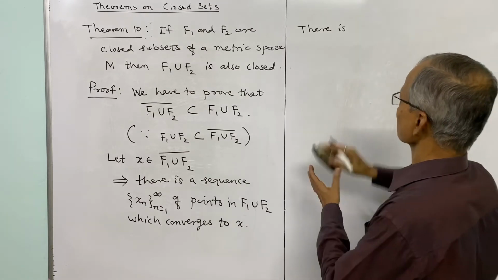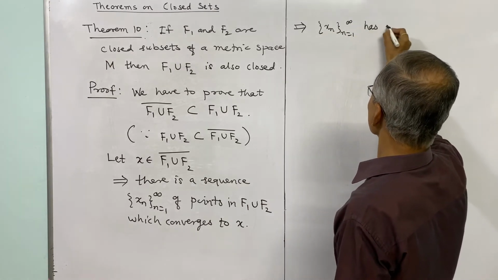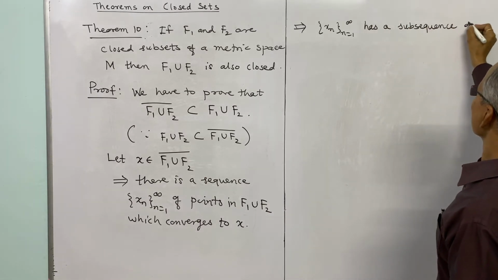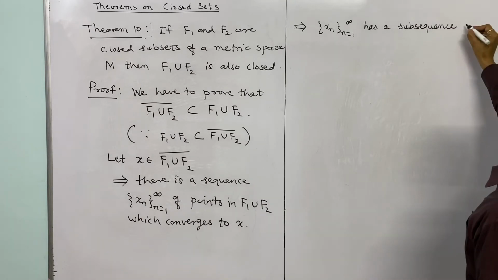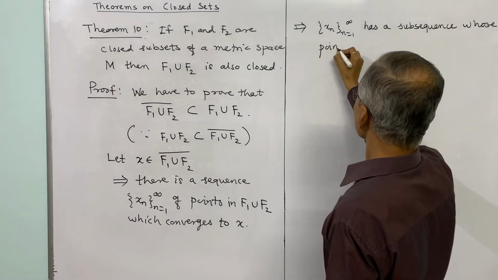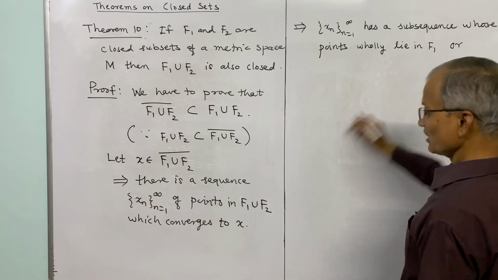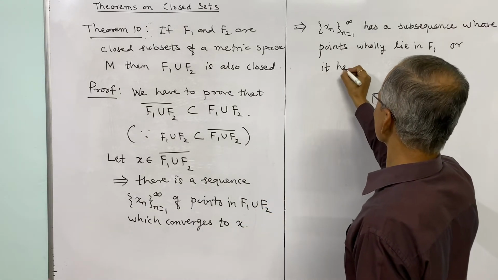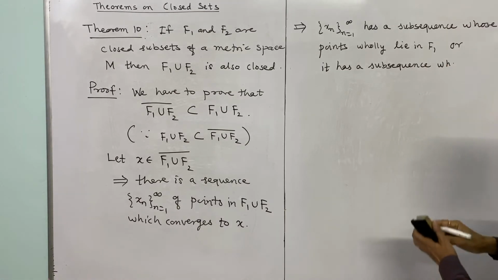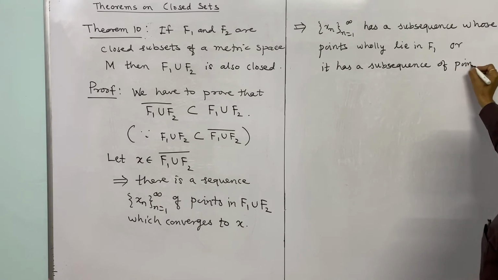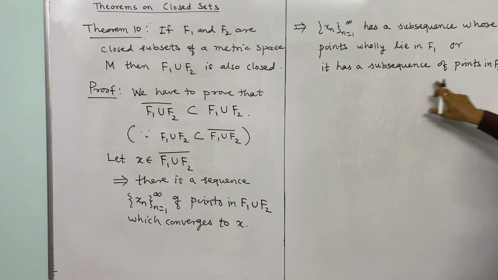So this implies Xn has a subsequence whose points wholly lie in F1, or it has a subsequence of points in F2.